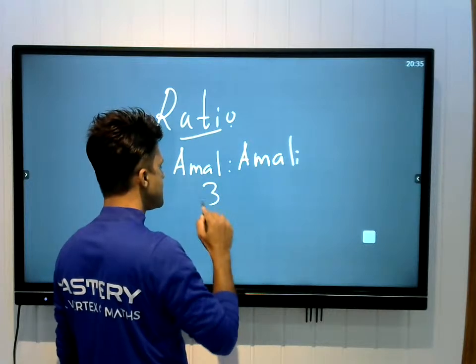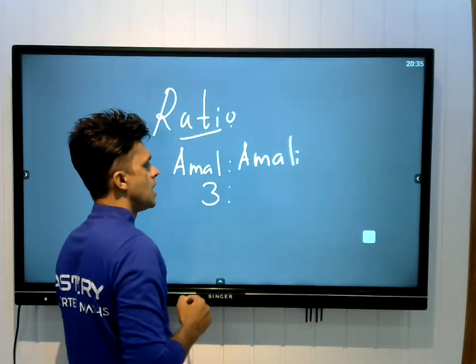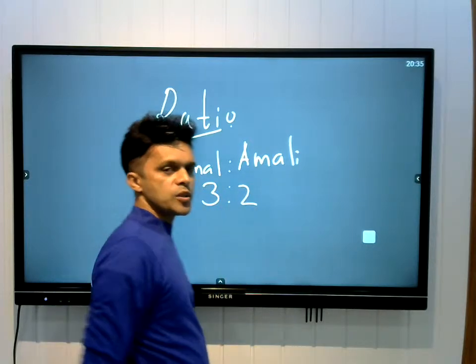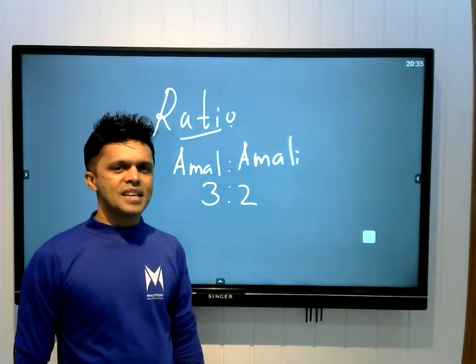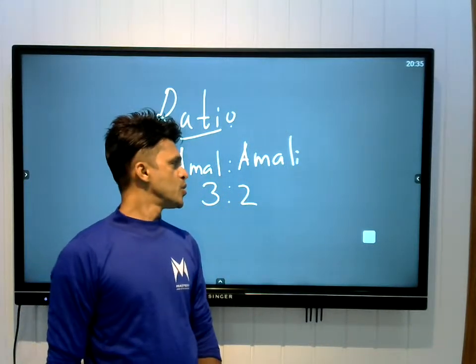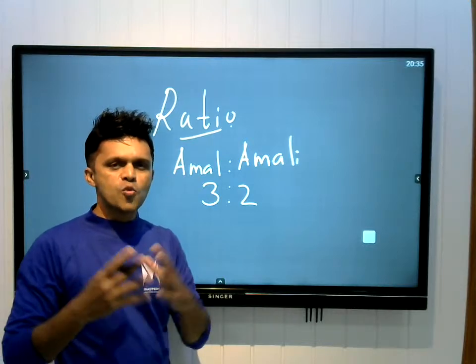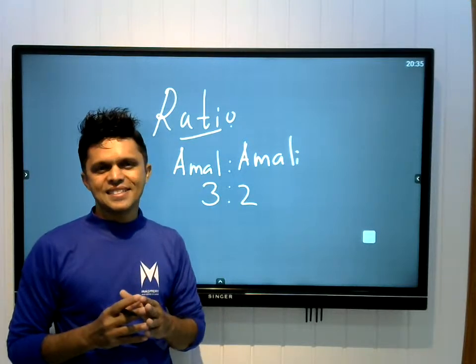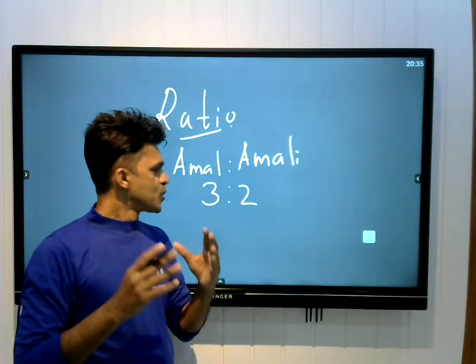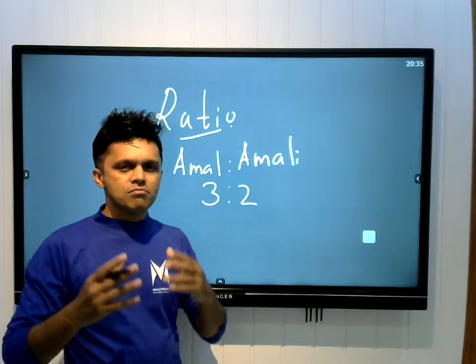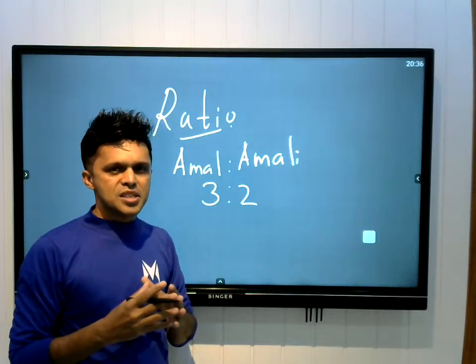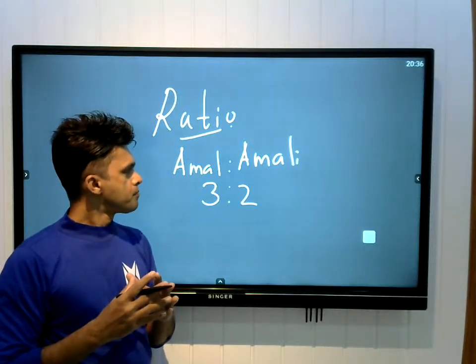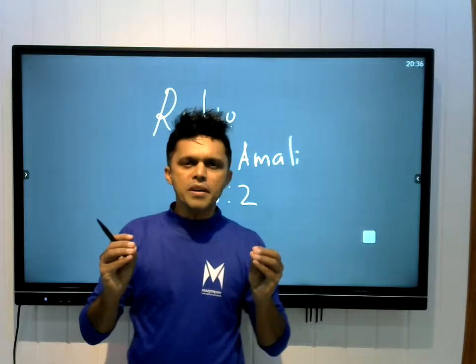Amal is given three mangoes. Amali is given two mangoes. So here is a relation. So these are ratios. Here is a numerical relation.